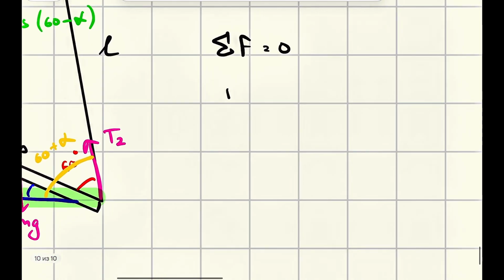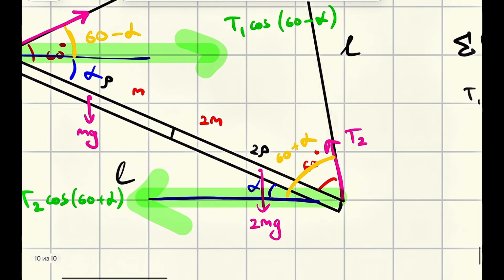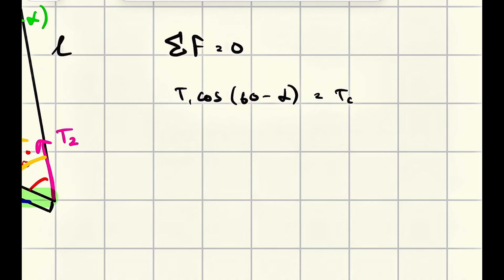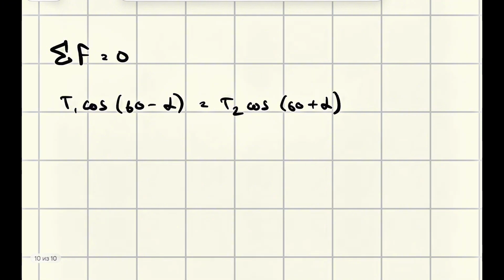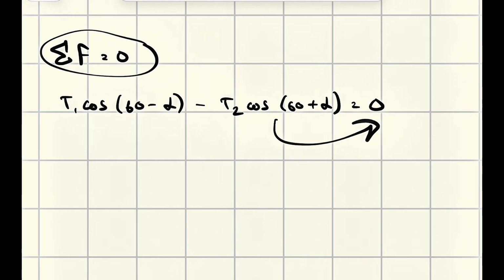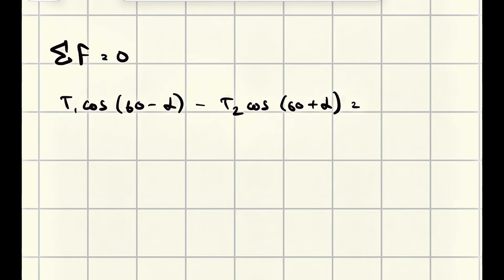So tension 1 cosine 60 minus alpha equals tension 2 cosine 60 plus alpha. Why? Because in fact it must be minus here, and it has to be 0 as in this formula, but I already moved it here, and that's why it became positive. Okay, it has to be just an equal sign.